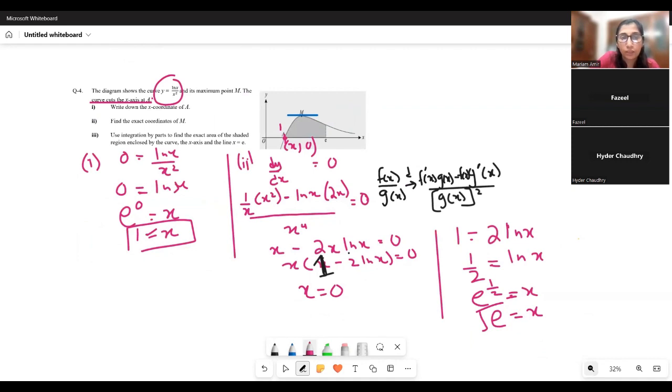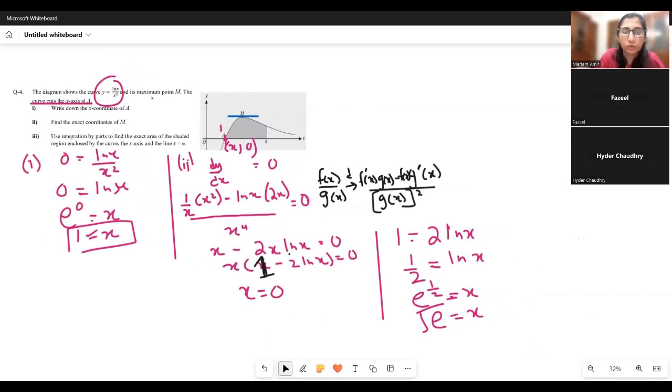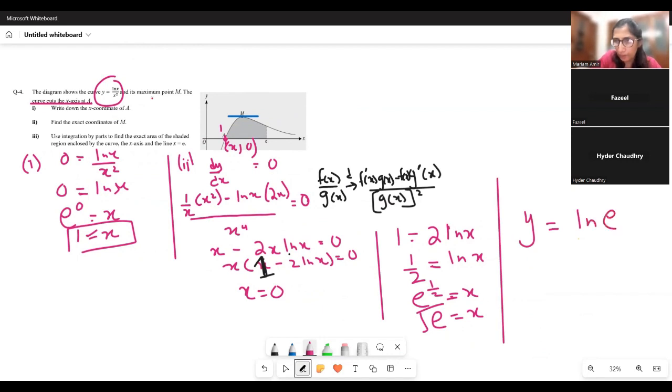Find the exact coordinates of M. So you need x comma y as well. Now to find y, substitute x equals root e in the given equation for y. So y equals ln e power half upon e power half square.